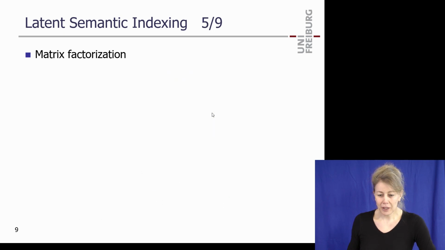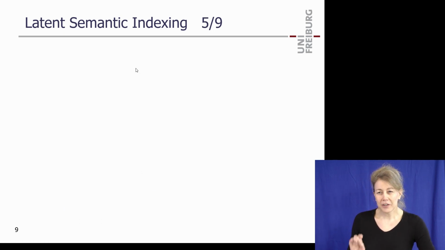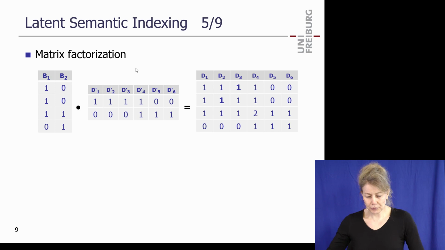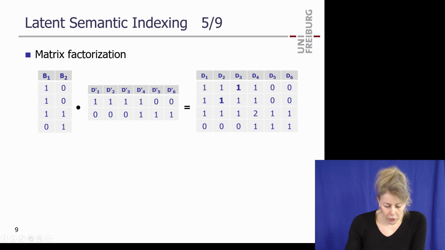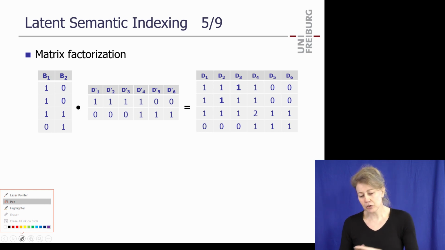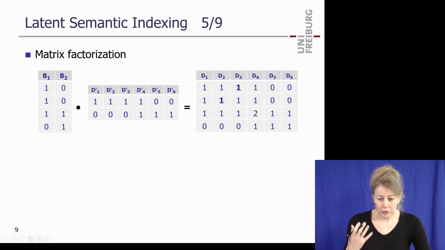And we can make this a little more precise, what I wrote here. I can have two vectors, and each vector is a linear combination of the two. This is exactly what matrix multiplication does. And let's understand for a moment how matrix multiplication works. I think you all know how it works, but for the purpose of this lecture, it's also important to understand how it works in the context of something which is real, like documents.